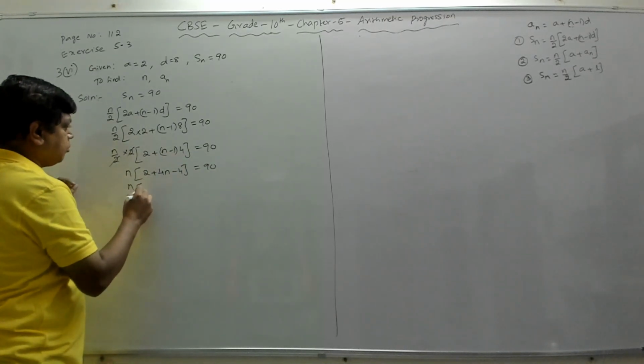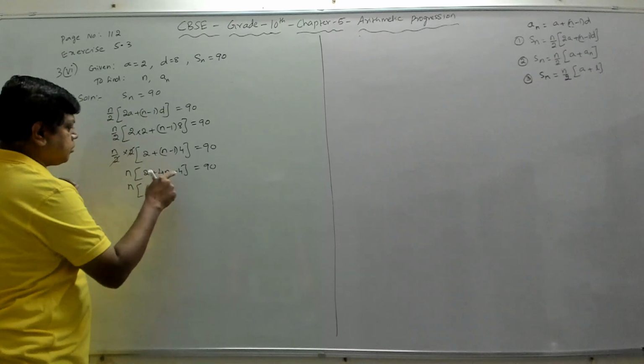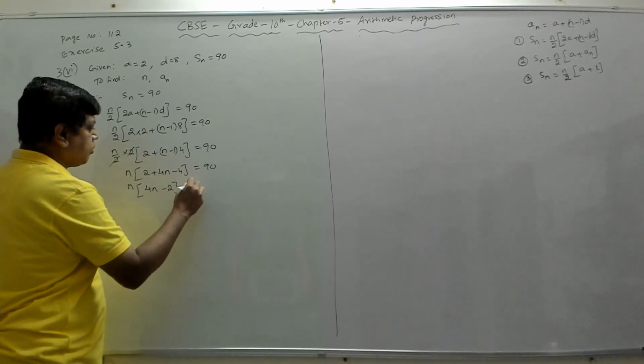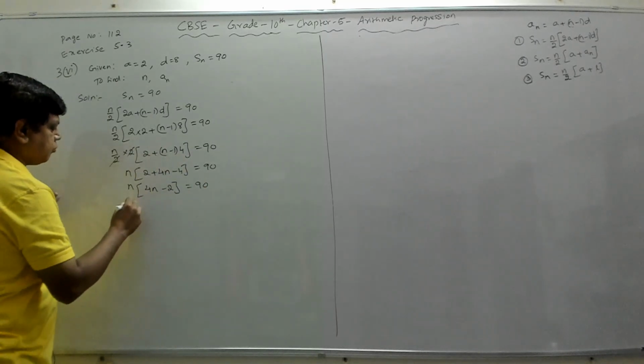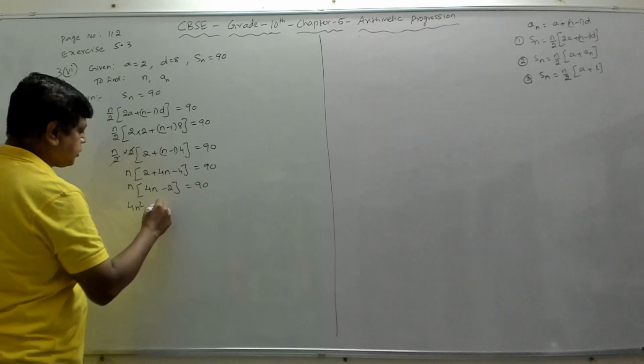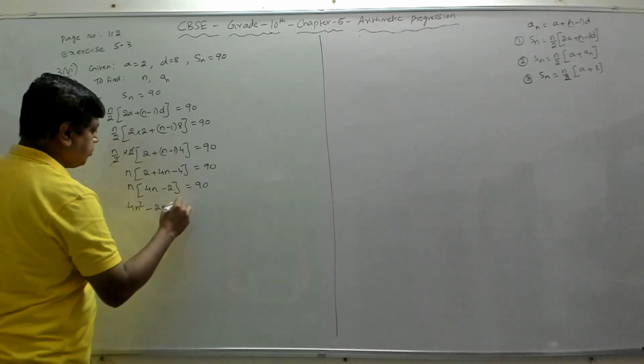So n into 2 minus 4 is minus 2, plus 4n, so n into 4n minus 2 equal to 90. Then multiply, so 4n square minus 2n equal to 90.